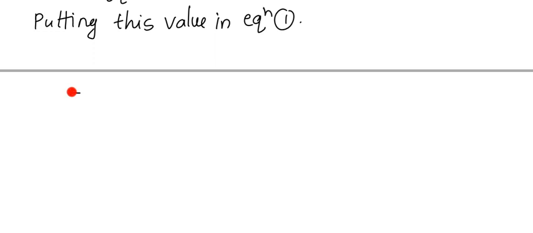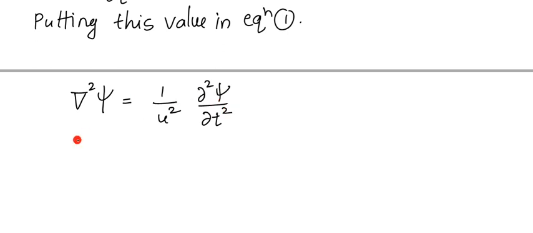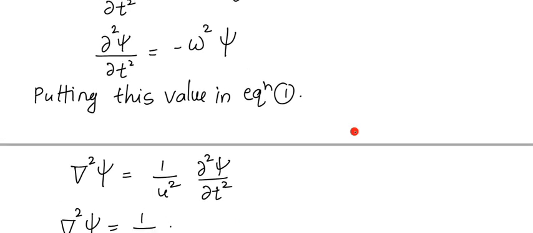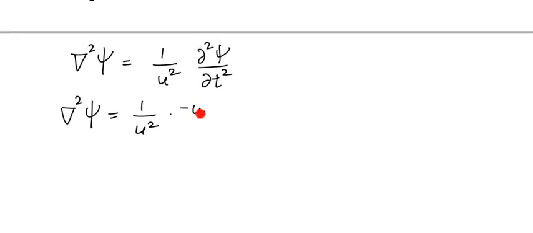In equation number 1, we have nabla square psi is equal to 1 by u square del square psi by del t square. Here psi is the function of r and t. Putting in the value of del square psi by del t square, which is minus omega square psi, we get 1 by u square times minus omega square psi.